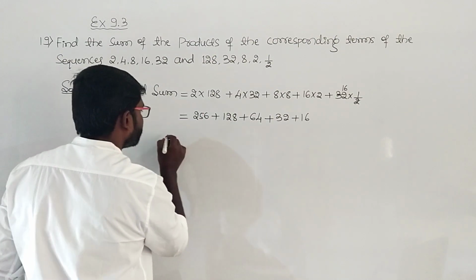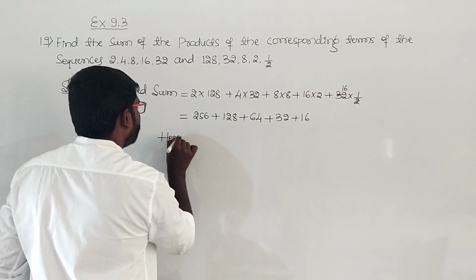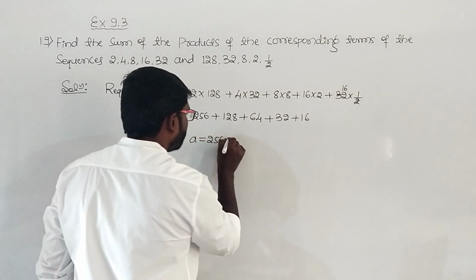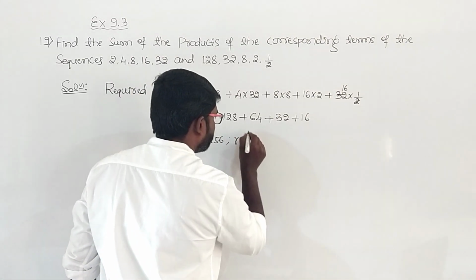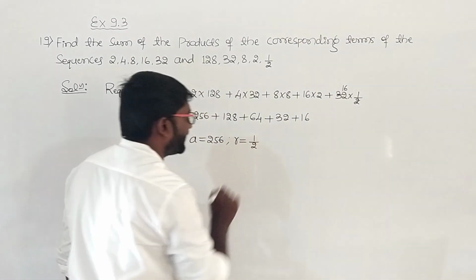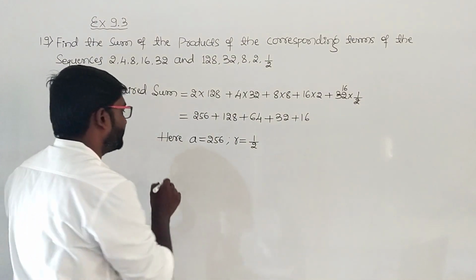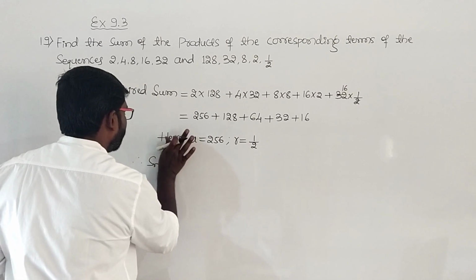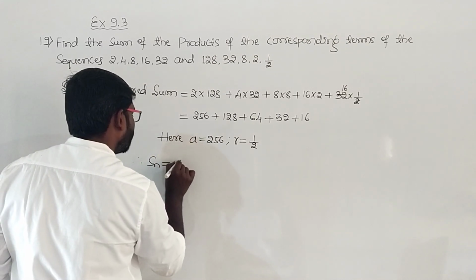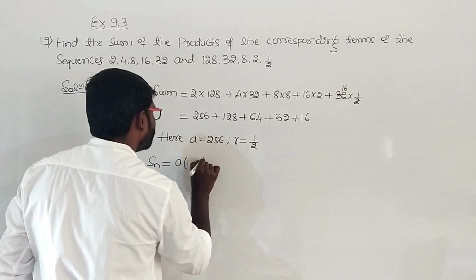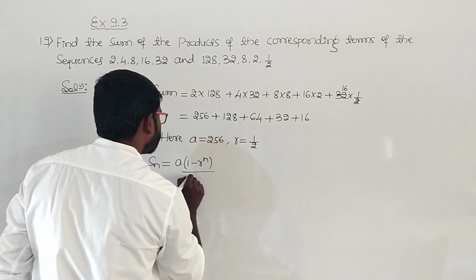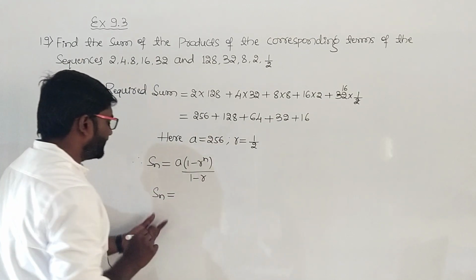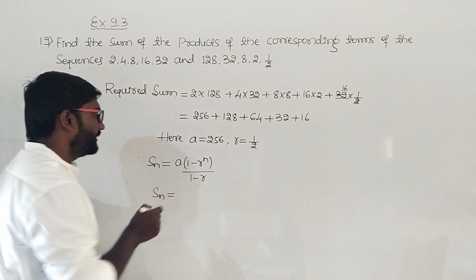So here A is equal to 256 and R is equal to 64 by 128, which will give us 1 by 2, which is less than 1. Therefore, the formula is going to be Sn equal to A into 1 minus R raised to n divided by 1 minus R. Then the sum, A, what is A?